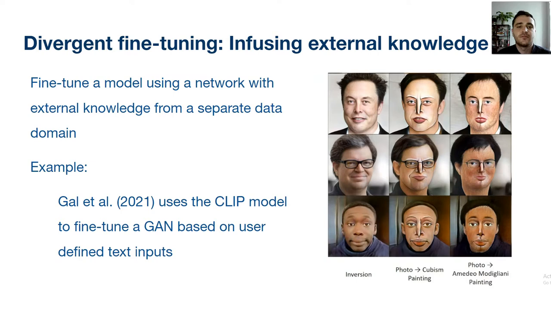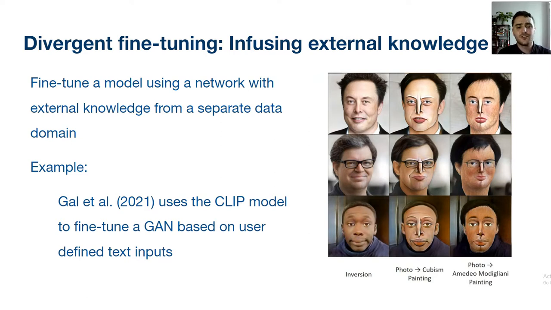The next category of divergent fine-tuning is infusing external knowledge. So here we're not using any data, we're using an external model that's already been trained on a different data domain that we probably don't have access to. And then we're trying to infuse some of the knowledge learned in this other network into our own network that is our starting point. So Gal and others use the CLIP model, which is the contrastive language image pre-training model.